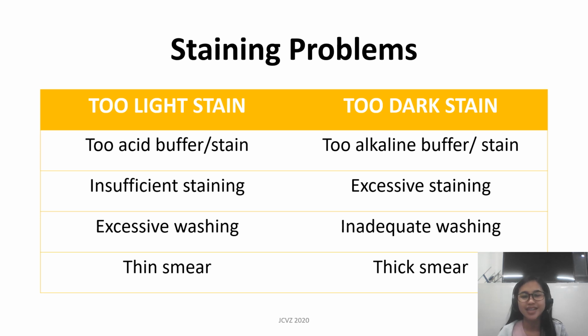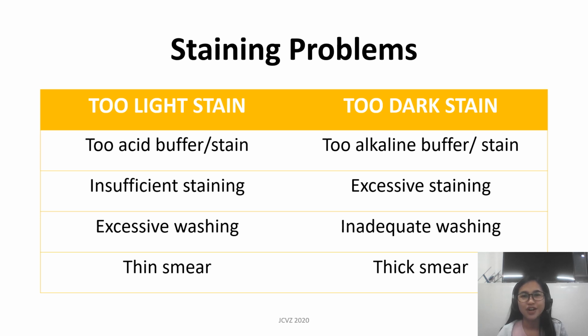Under the too light stain, these are the possible reasons why you have achieved a light stain on your peripheral blood smear. It could be that your buffer was too acidic, or the stain was too acidic, or there is insufficient staining, meaning you did not follow the exact time when you performed the quick dip or the rack method. You also have excessive washing, especially in the last portion of our staining method.